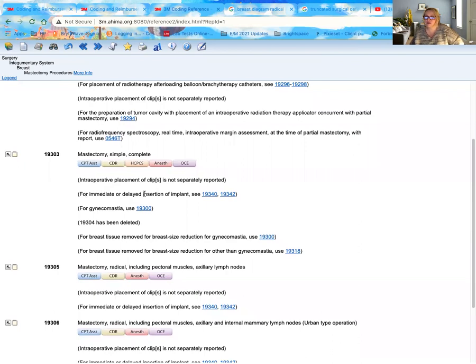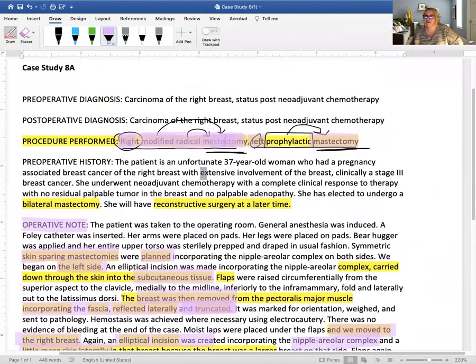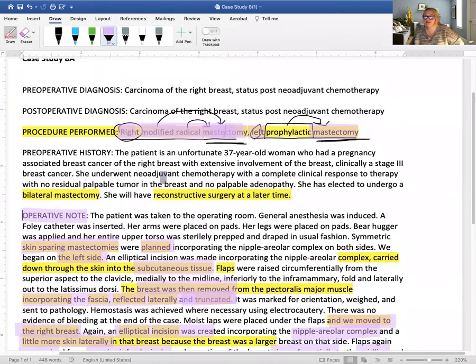For immediate or delayed insertion of an implant, there are codes here, and we may want to look at that. However, one thing that I highlighted here, and I pulled it up when I did my 3M, is that reconstructive surgery is going to be planned for a later time. But they did not indicate the type of reconstructive surgery.